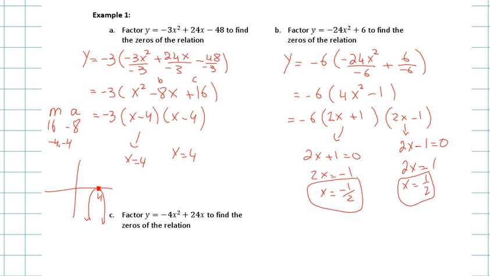Now, the next one. Factor y equals negative 4x squared plus 24x. First question. Greatest common factor. What is it? 4. If I have it. 4, negative 4x. Why x? Why negative 4x?